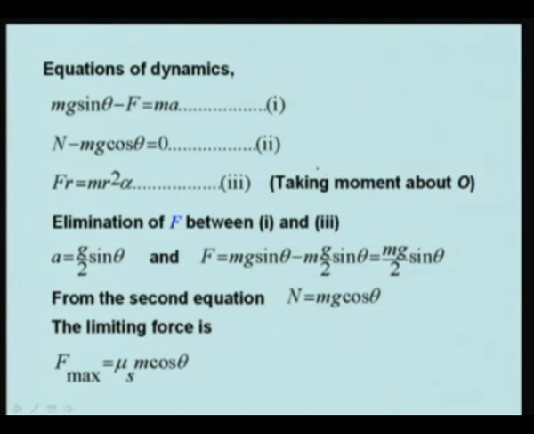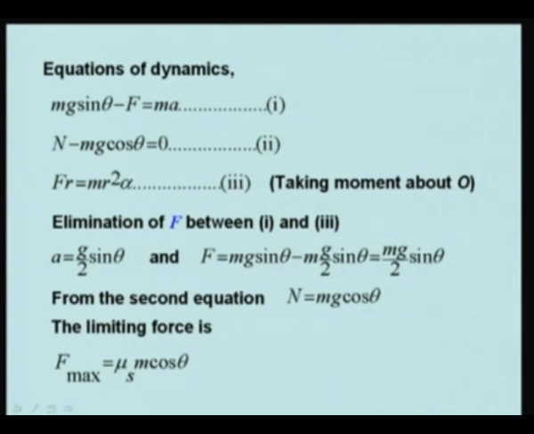Now we eliminate F between the first and third, because we don't know this F. So we get a is equal to g by 2 sin theta.